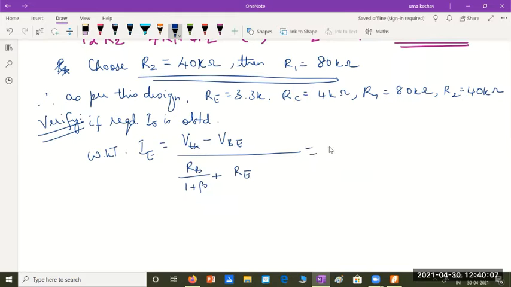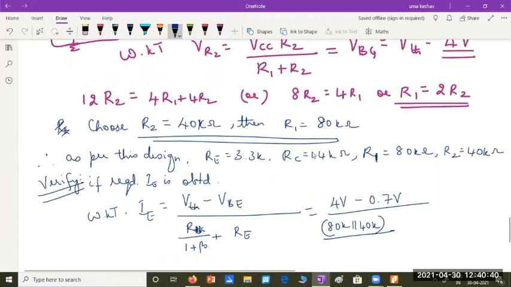Substitute all the values and can you tell me how much you will get IE as? This is 4 volts. VBE is 0.7 volts for any silicon transistor. RB is nothing but R Thevenin here. R Thevenin would be 80K in parallel with 40K, R1 parallel R2, divided by 1 plus beta.